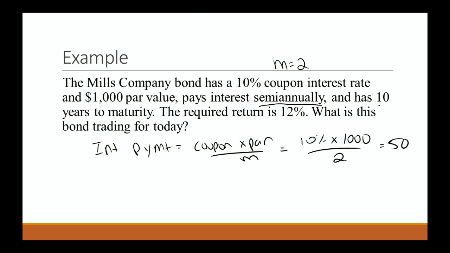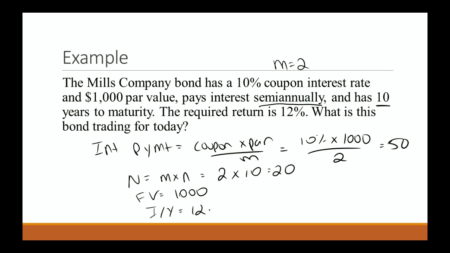Instead of receiving 10 of these $50 payments, we are going to receive 20 because we're receiving them twice a year. The future value is 1,000. And the required return here is 12%.